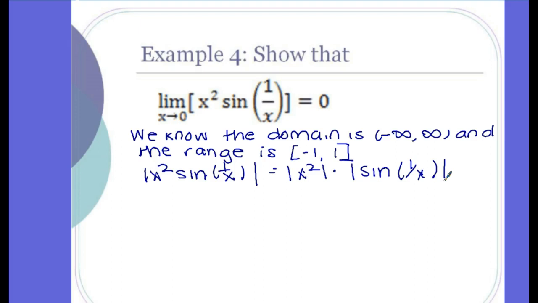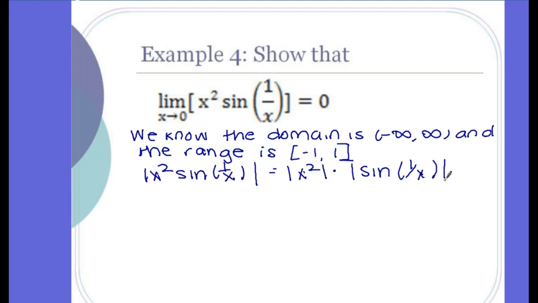How can we know that this is true? What do we know about x squared? It's always positive. So when you have something that is always positive, you can take an absolute value and break it into two absolute values, because having an absolute value here or not really meant nothing. Because x squared is innately positive.